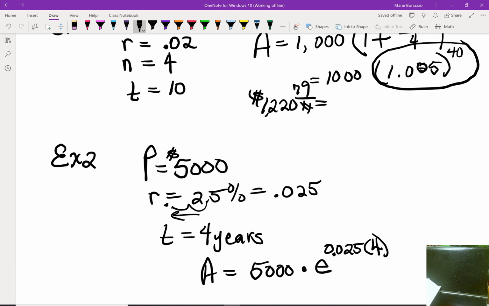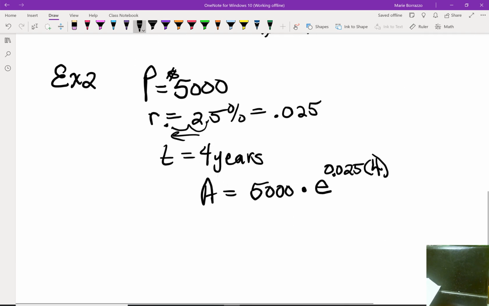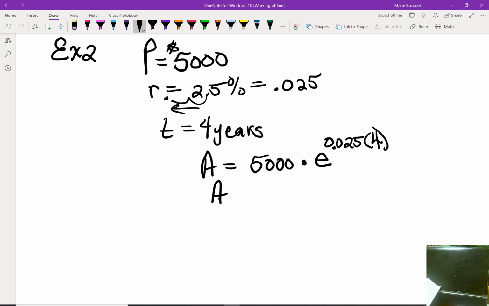And we end up in this case with the A value, the future value, equal to $5,525.85. All right, be careful with the order of operations. That's how much you would have at the end of 4 years.